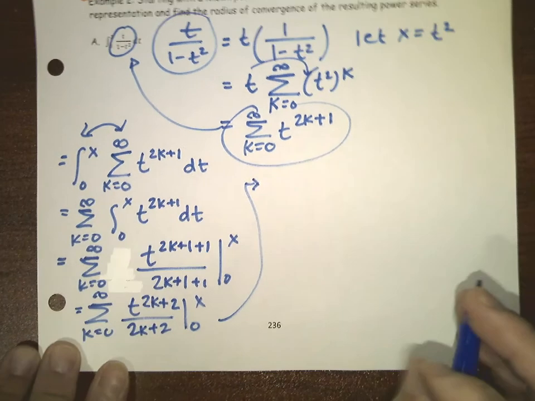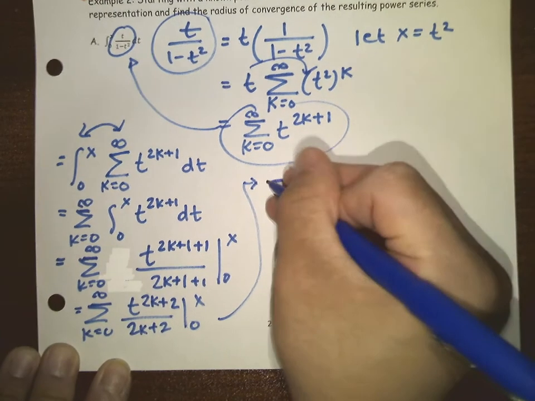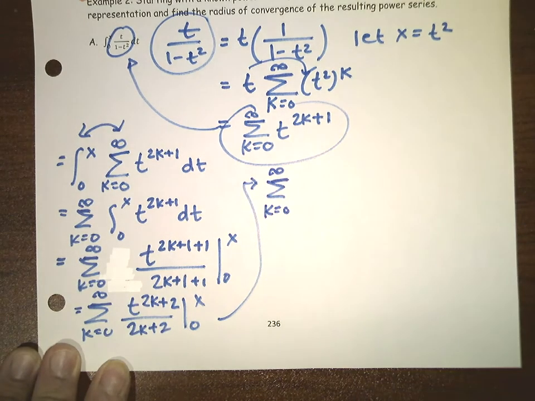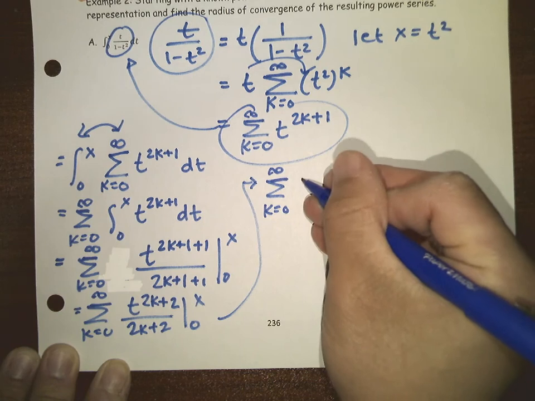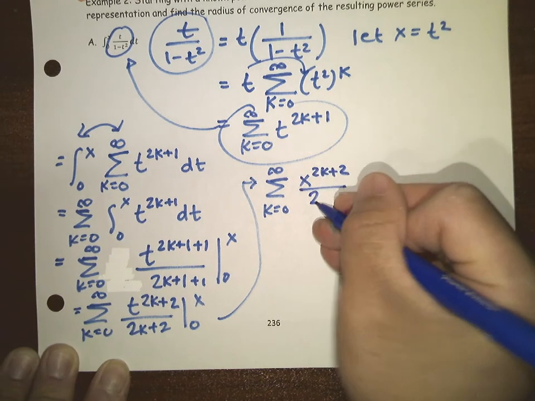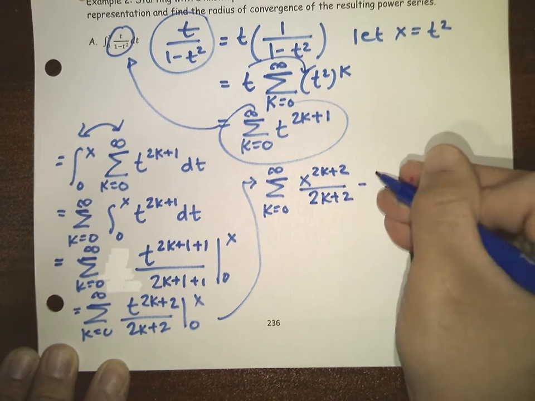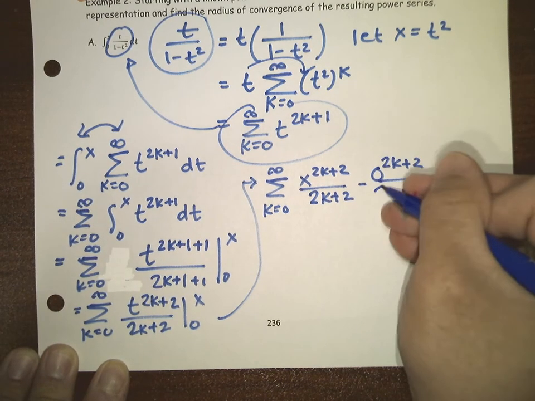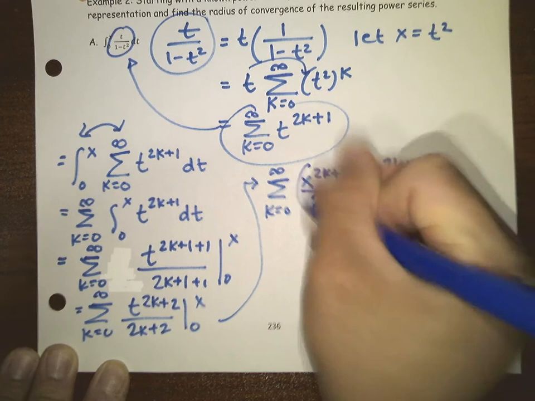So let's evaluate the integral now. So I have the sum, k equals 0 to infinity of, all right, so what will this be here? This will be x to the 2k plus 2 over 2k plus 2 minus 0 to the 2k plus 2 over 2k plus 2.